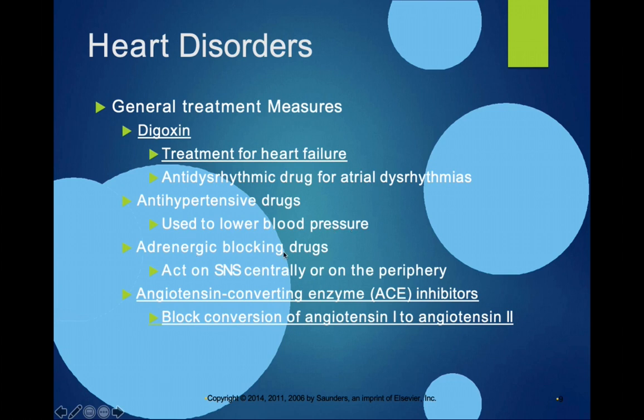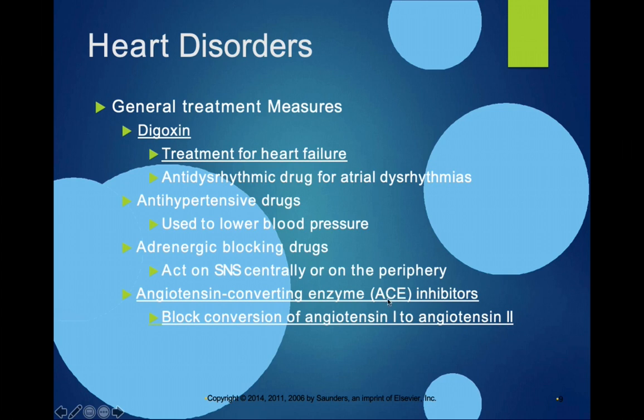Antihypertensive medications are used to lower blood pressure. Adrenergic medications, they act on the sympathetic neural system. And then we have ACE inhibitors, angiotensin converting enzyme inhibitors. What does this enzyme do? Well, naturally in the body, it converts angiotensin 1 into angiotensin 2.